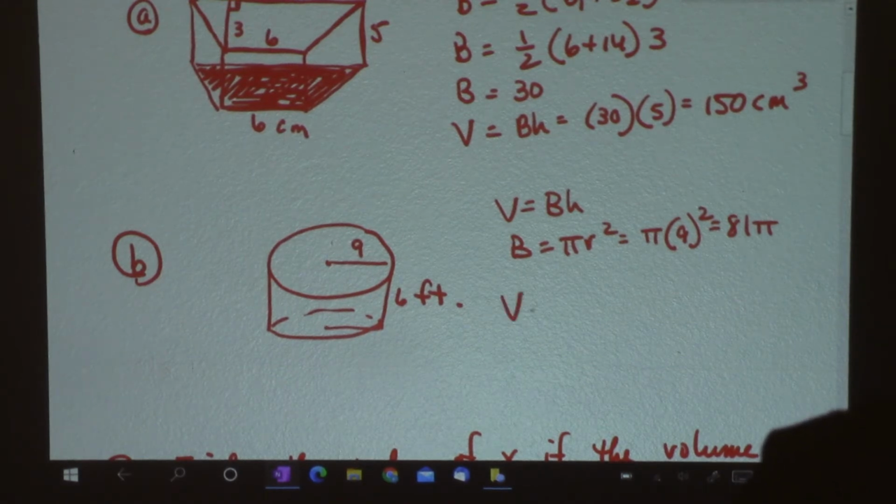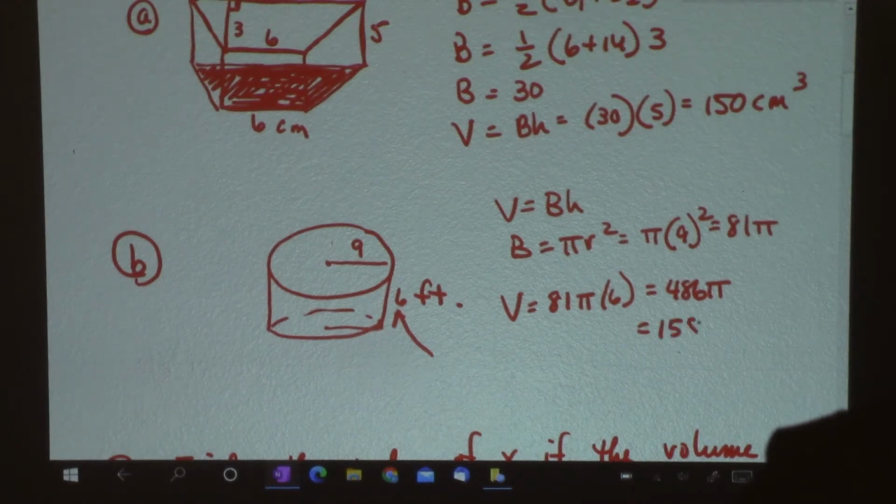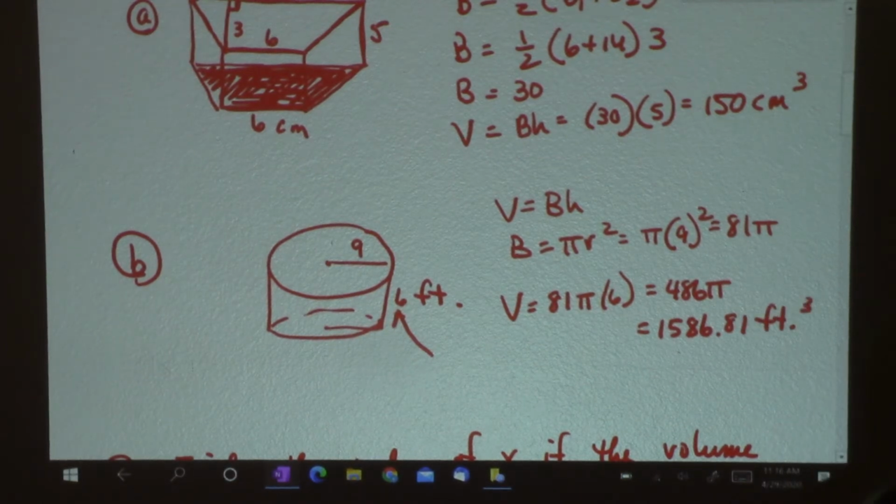And then my volume then will be 81 pi times the height of the figure, which is 6. So that is 486 pi. And if I work that out, I get 1,586.81 feet cubed. Okay, very important with the 3 there.